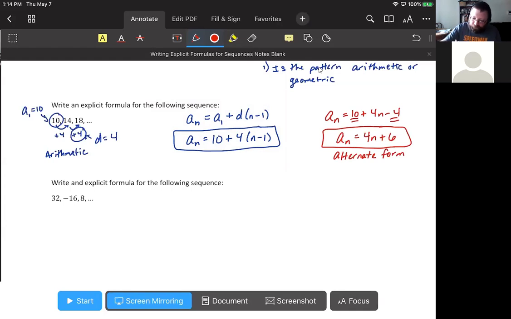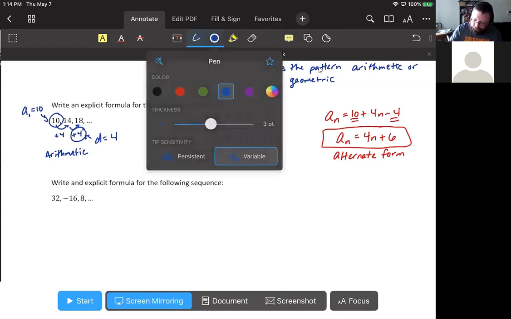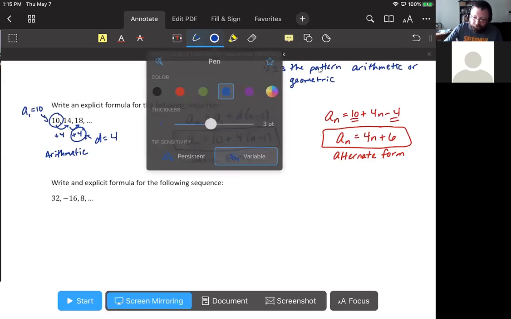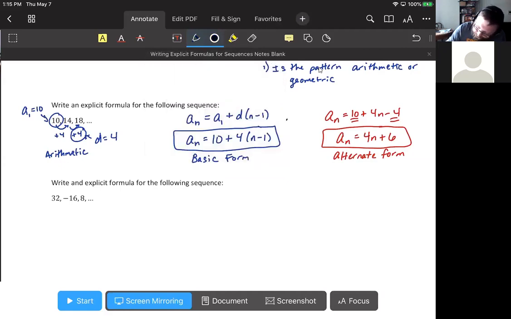It will take either answer, okay? It doesn't matter whether you give the basic form or the alternate form. It will accept either answer. Both are correct. So one of those two would be our explicit formula for that sequence.